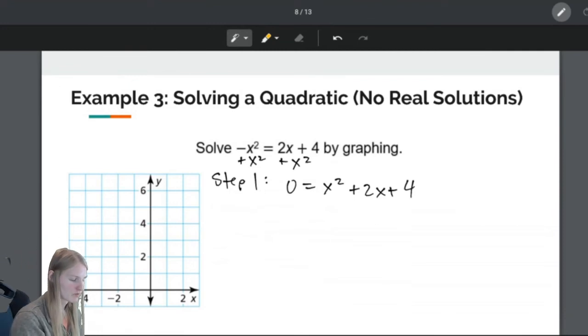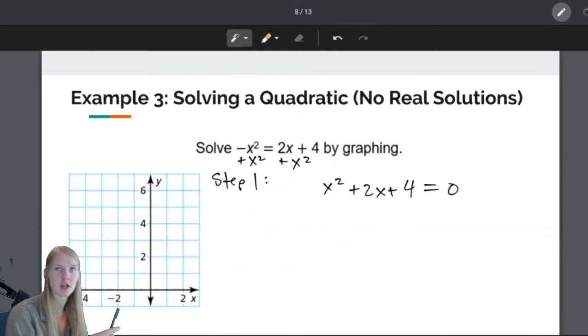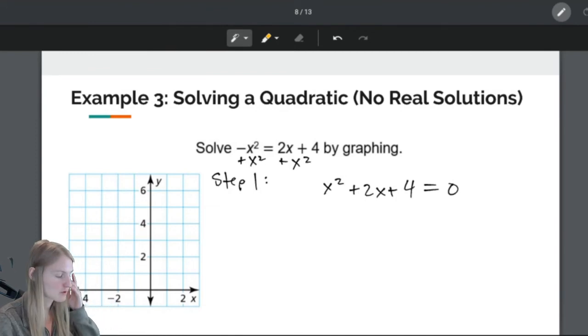And remember that this 2x is positive, so that's why we end up getting the plus 2x right here. Also remember that just because this is equals 0, we can swap that equals 0 and put it on the other side. Doesn't matter if we have it over here or over there. As long as it is equal to 0, that's what matters.